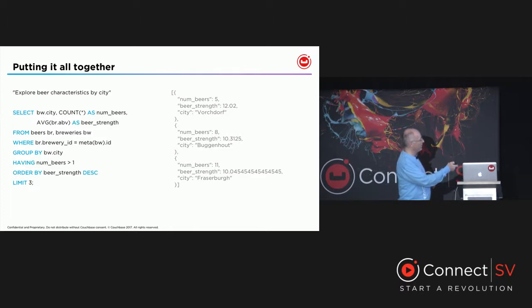So basically we're taking the beers to the breweries, joining them again on the key, and grouping them by city. We only take cities that have more than 1 beer, and then we order by beer strength, which is defined up here to be the average of the alcohol by volume for the beers in the list.